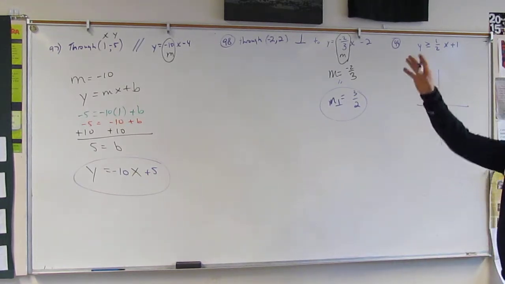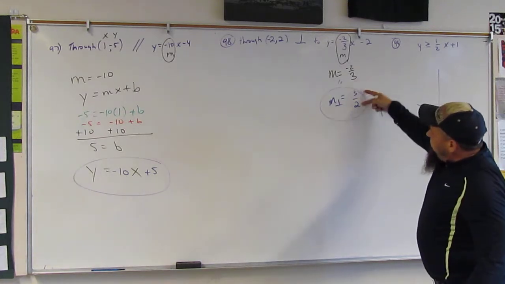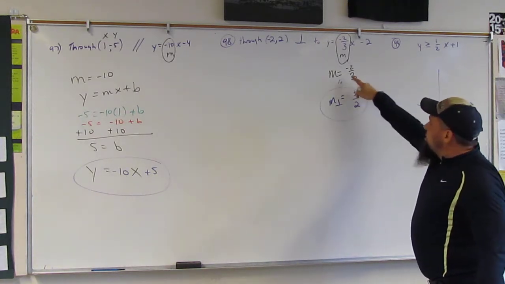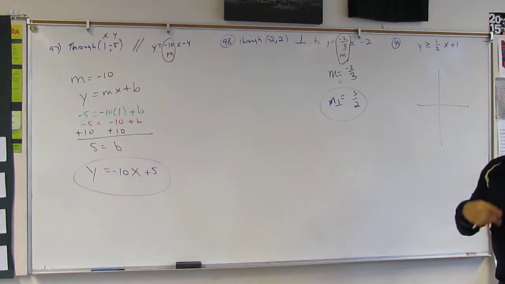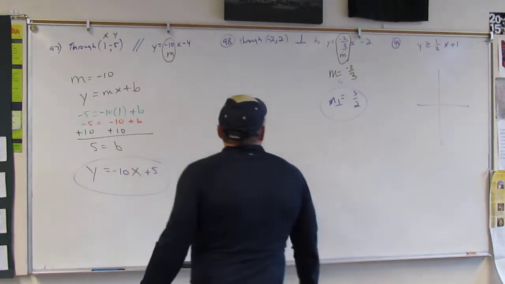So in this case, they're talking about perpendicular. So you got to flip it and smack it, or make it totally opposite. I like to think of it as absolute opposite, right? So you flip it, right? And you take away the negative, or you add a negative, depending on what it is. Okay? So they're opposites.